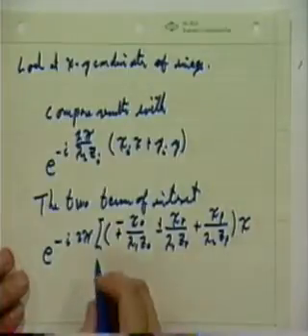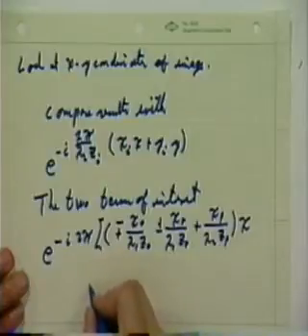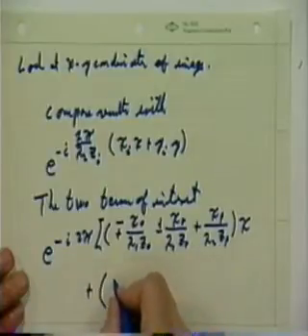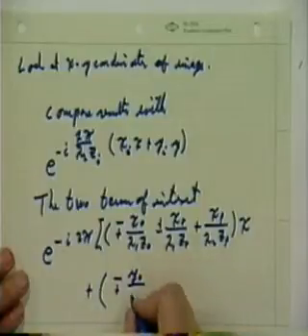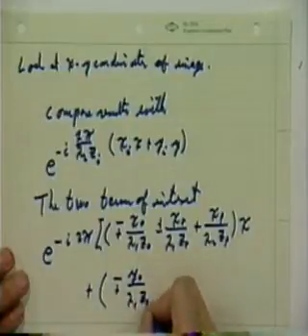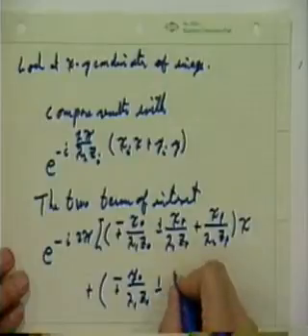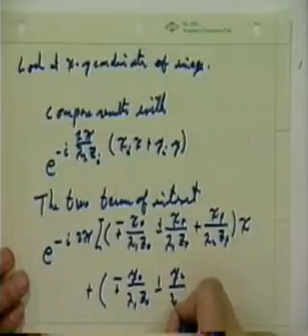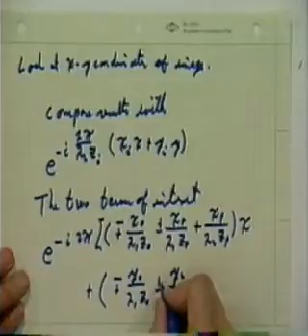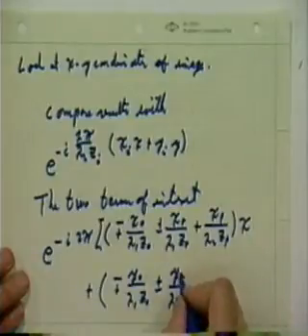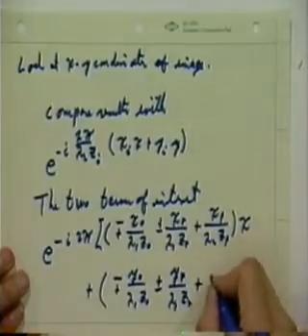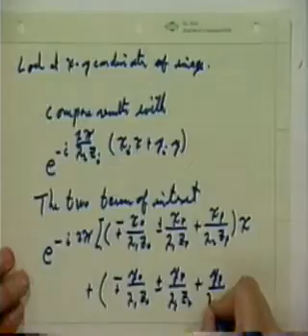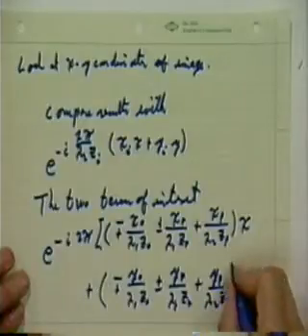And still in the exponent here, we get a plus and then a minus or plus y naught over lambda 1 z naught, plus or minus y sub r over lambda 1 z sub r, plus y sub p over lambda 2 z sub p times y.